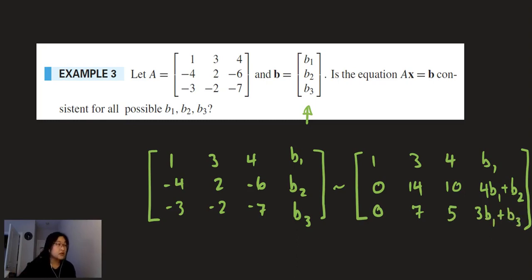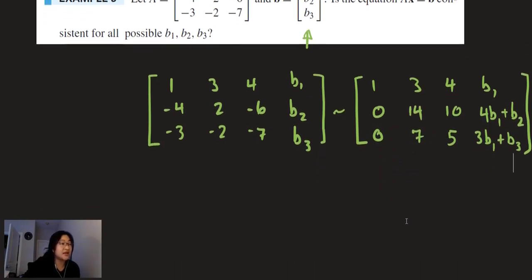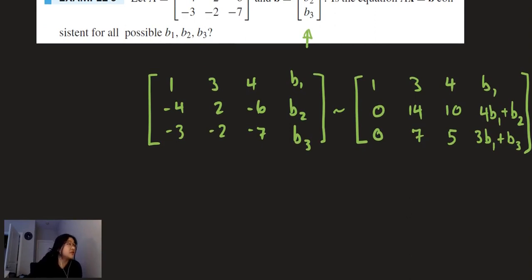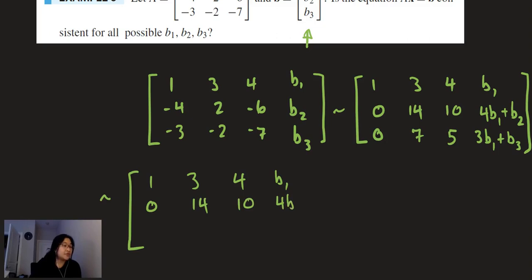All right. This is promising because now we have a 14 and a 7, so we don't necessarily have to divide things out. So let's see, what do we get? We can copy this down: 1, 3, 4, B1, 0, 14, 10, and 4 B1 plus B2. And if we take row 2, multiply by negative 1/2, and then add it to row 3, then we should be good to go.